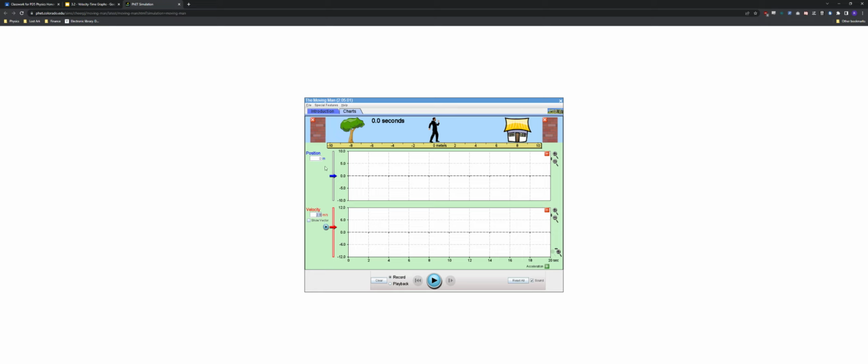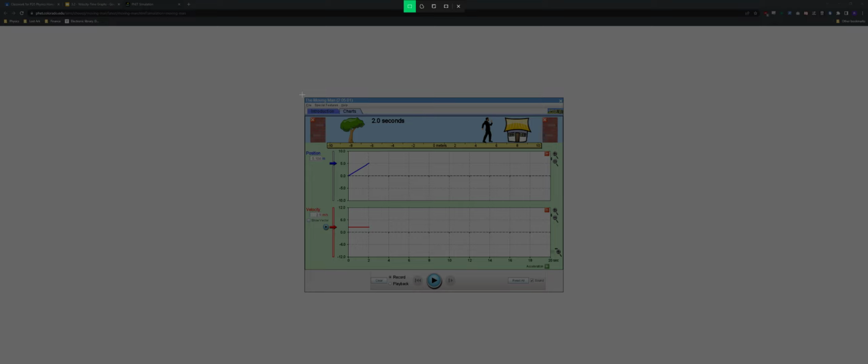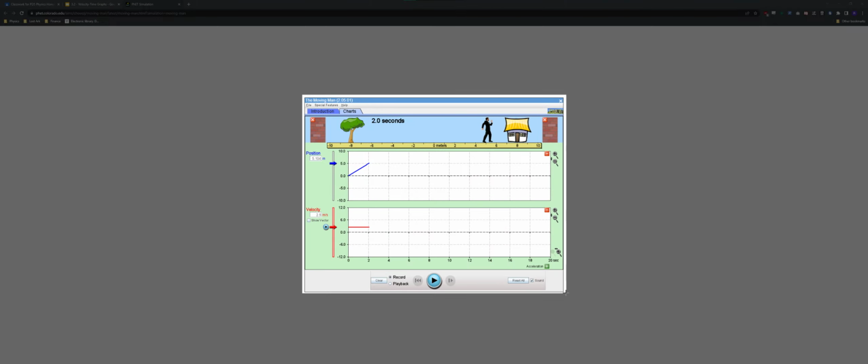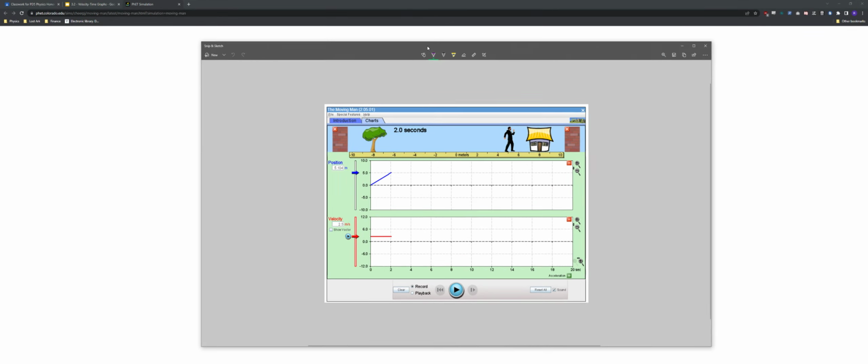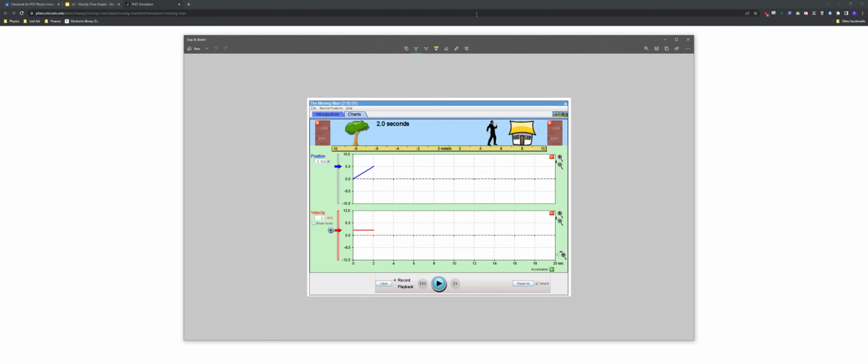If you take a look at your position time graph, it measures position over time. So wherever he is, that's where he's going to be. At a time of 2 seconds, his position is around 5 meters, and his velocity is 2.5 meters per second.